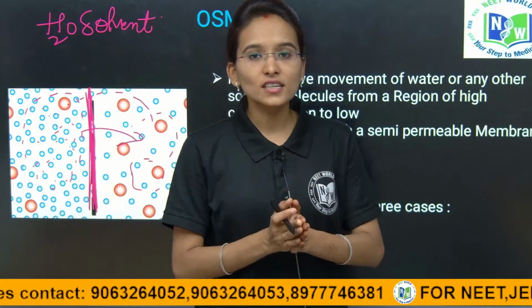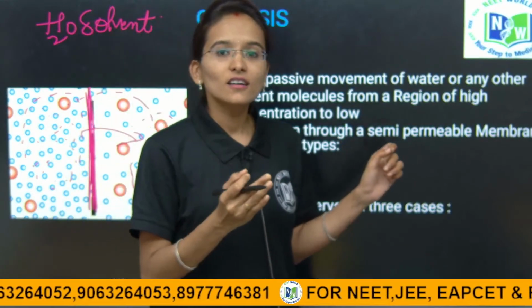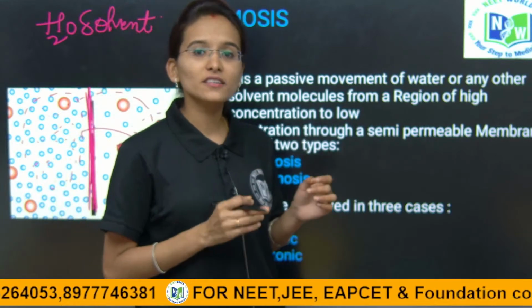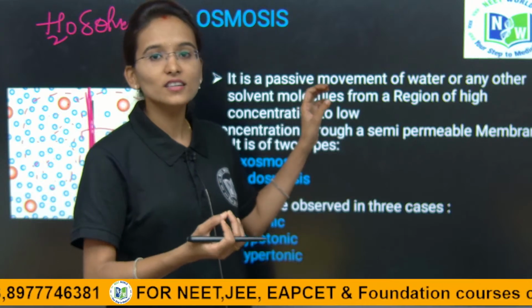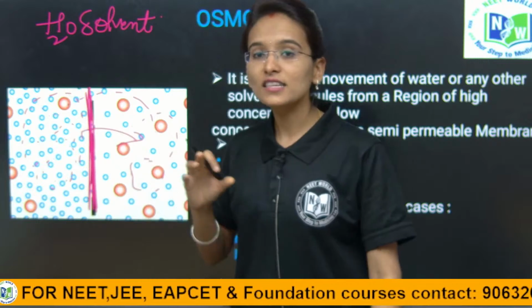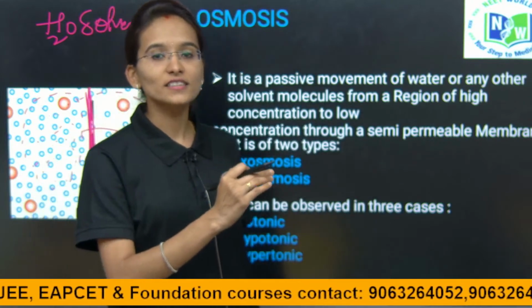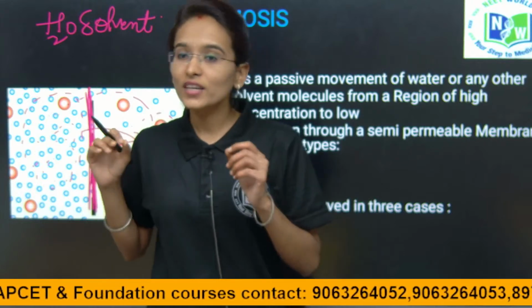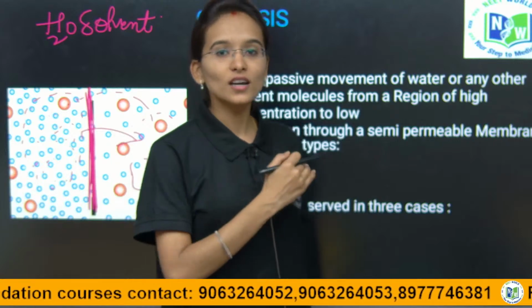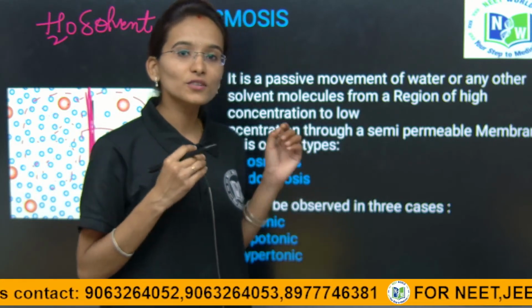In diffusion, any type of molecules can be transported, either solids, liquids or gases, but in osmosis we can transport only the solvent molecules from higher to lower concentration gradient, and we need the selectively permeable membrane to transport that. A semi permeable membrane is required to transport the solvent.